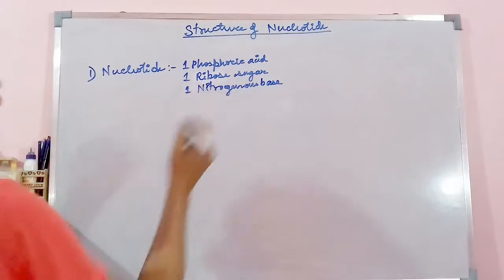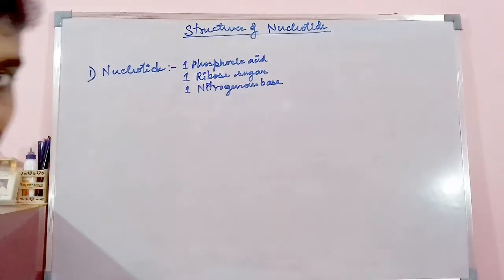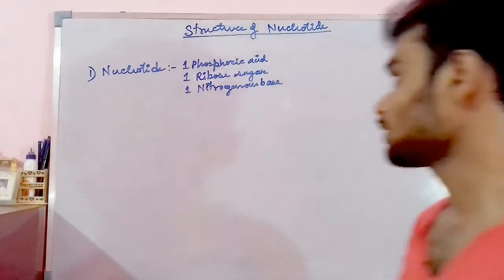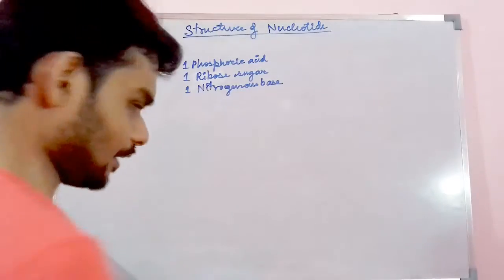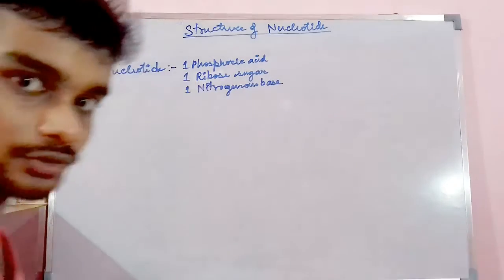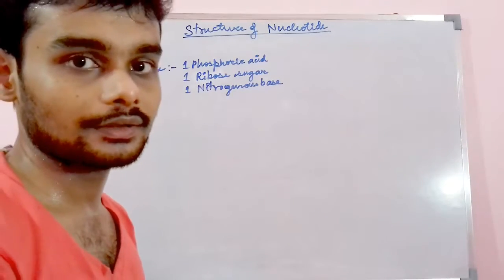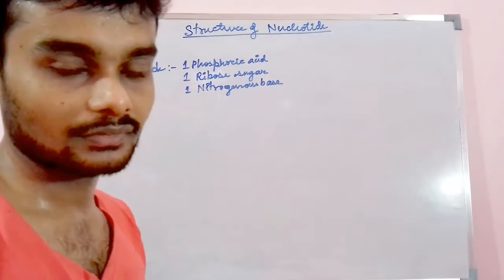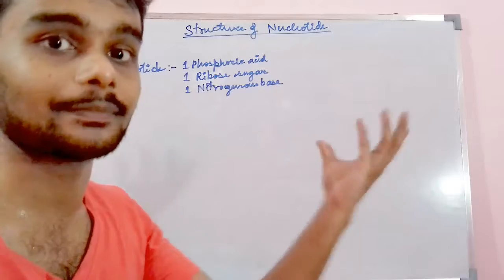Now this ribose sugar, sometimes might be called a pentose sugar also because it is a 5 carbon sugar, so we can call it a pentose. But in case of the depiction of the nucleic acid, we have to write it as ribose sugar, because ribose sugar is the only sugar that comes from the pentose phosphate pathway. The 5 carbon sugar, that's why it is also known as the pentose sugar.